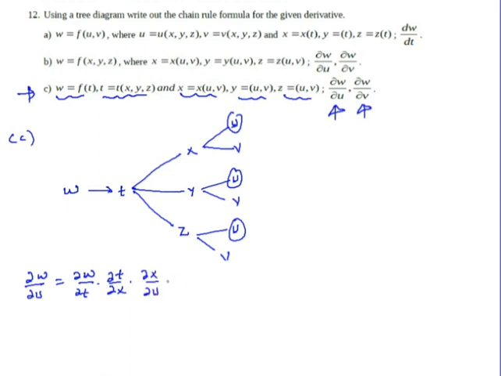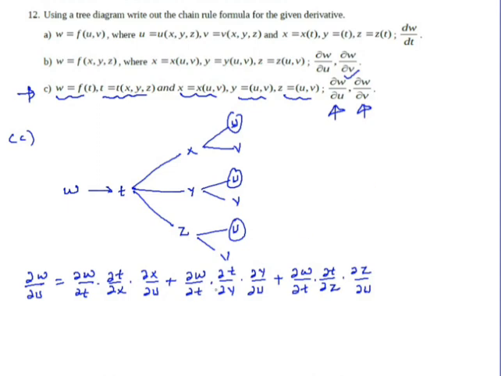Plus the second path to reach u is the partial derivative of w with respect to t, t with respect to y, and y with respect to u. And the third path is the partial derivative of w with respect to t, t with respect to z, and z with respect to u. This is the required chain rule for the first part.